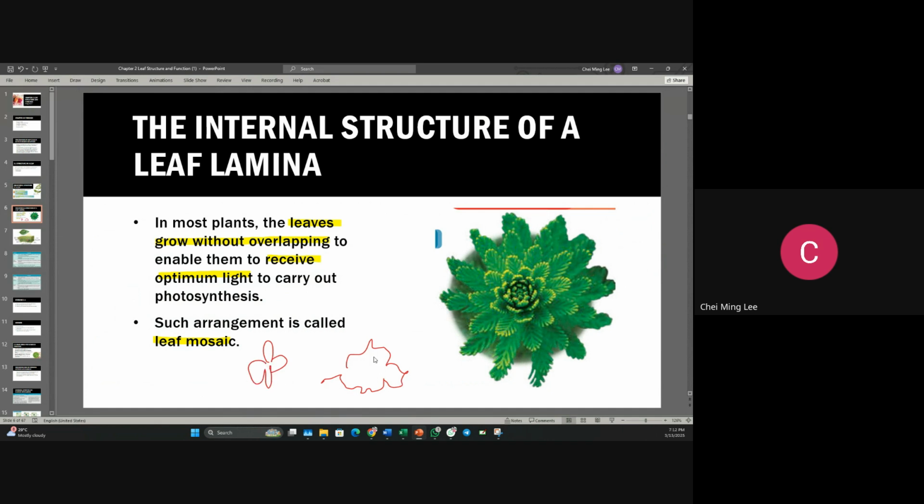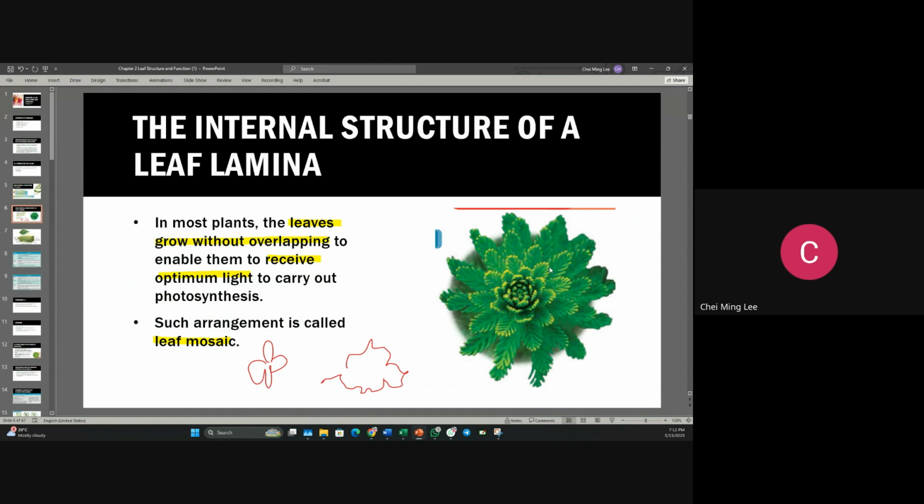The pattern is called mosaic pattern. Like this, they are not overlapping. So the mosaic is not the tile, it's actually the pattern they use. Like when we say we want to buy toothpaste, we say I want to buy Colgate, but actually I'm buying Dali.